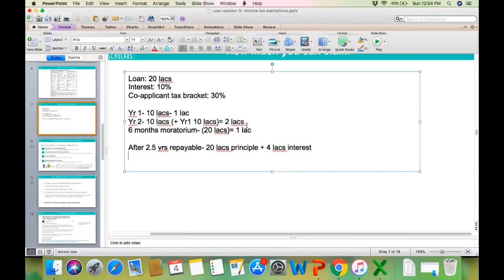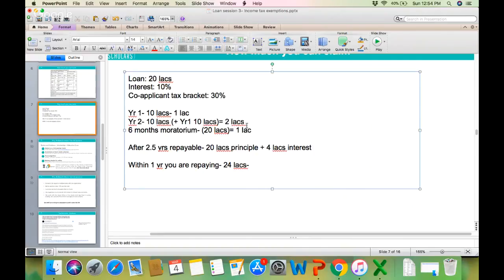Now let's say after 2.5 years, you are planning to repay your complete 24 lakhs. So let's say within 1 year after this, you are repaying the complete 24 lakhs.